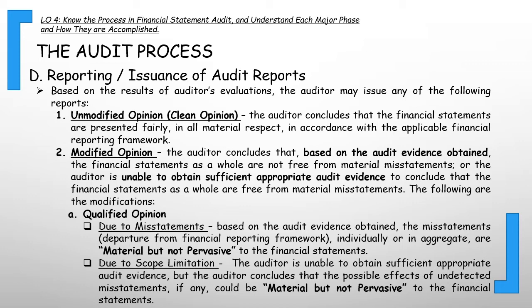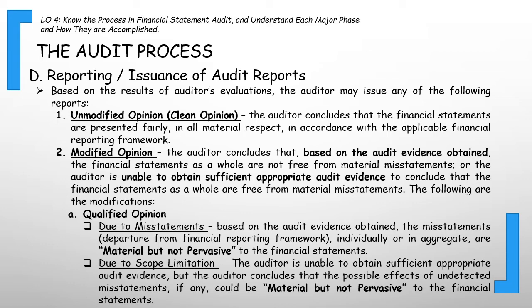Example, yung accounting records ng client have been destroyed by fire, typhoon, etc. So, beyond the control of the entity yon. Then, meron namang circumstances relating to nature or timing of auditor's work. Example is yung late appointment which unable the auditor to observe physical count. Okay? So, yun yung mga circumstances ng scope limitations.